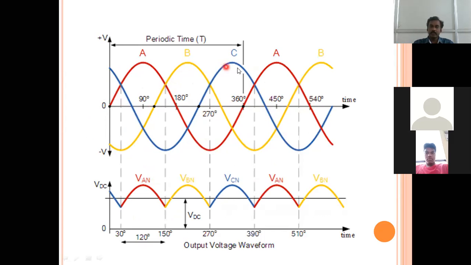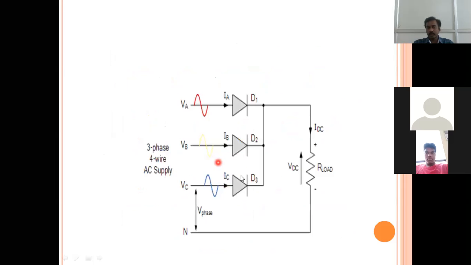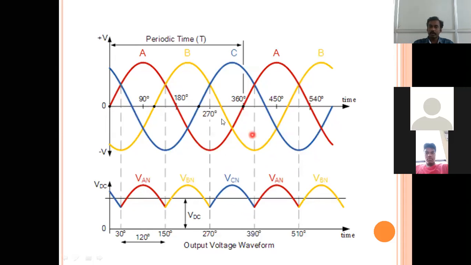Phase A, phase B, phase C provide the three phase output. Each device is going to conduct for 120 degrees, from 30 to 150, 150 to 270, 270 to 390. The voltage prevailing across the device and the neutral point is the voltage across the load, so you get the output voltage like this.